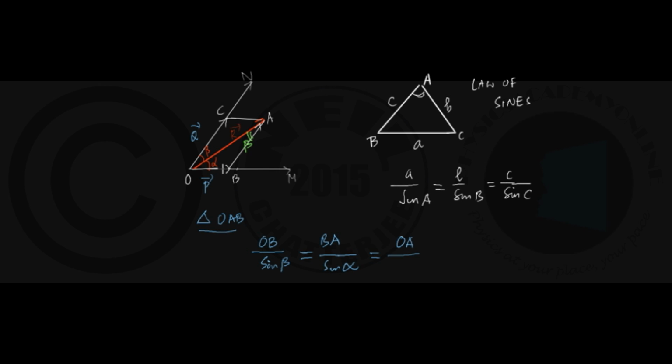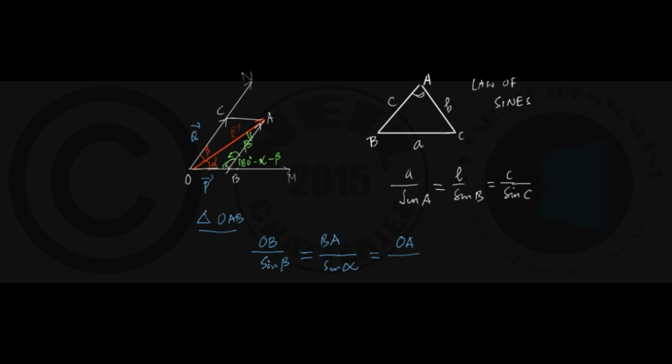This angle obviously is 180 degrees minus alpha minus beta. Isn't it? In a triangle, the three angles together are 180 degrees. So it's 180 minus alpha minus beta. This angle.